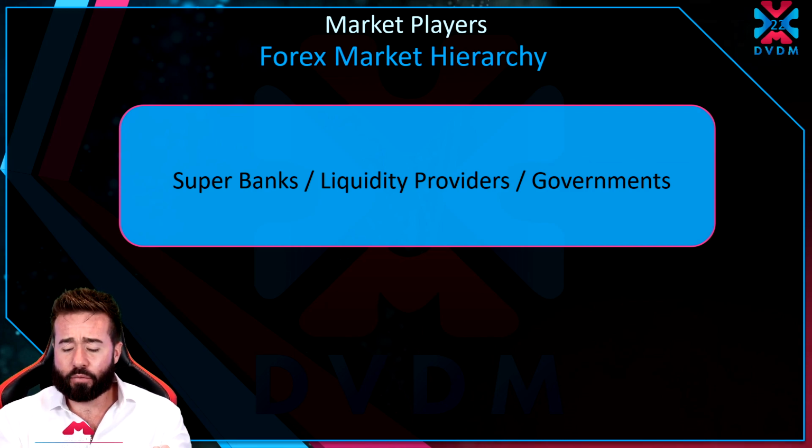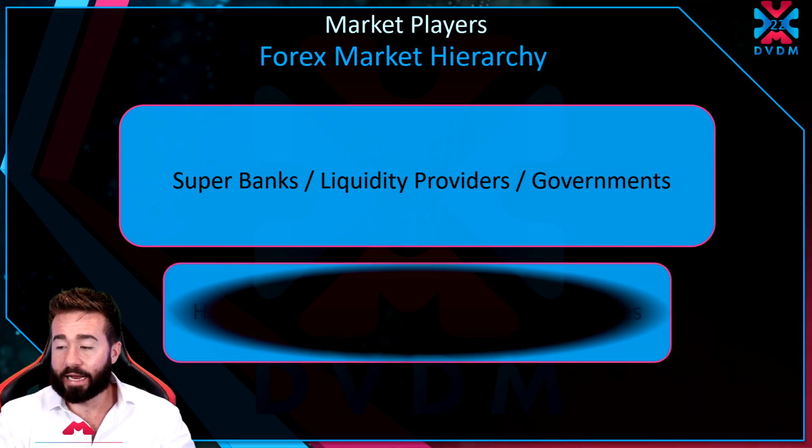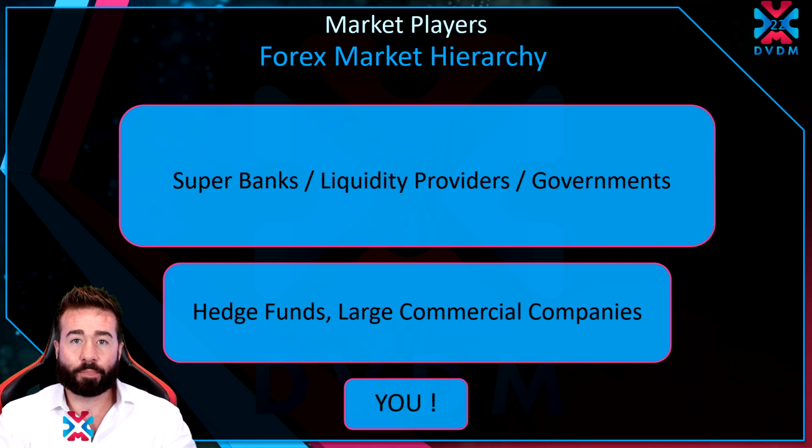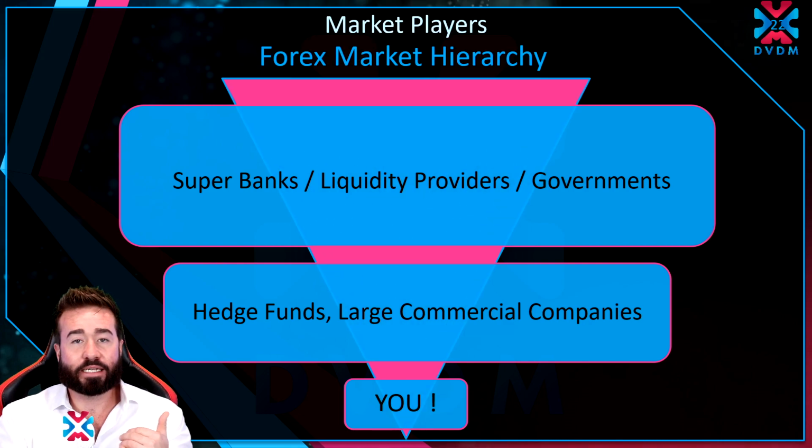If we look at this from a top-down view, it's going to look something like this. We then have hedge funds and large commercial companies, and then right at the bottom of this food chain, we have you, or we have us, the retail traders.